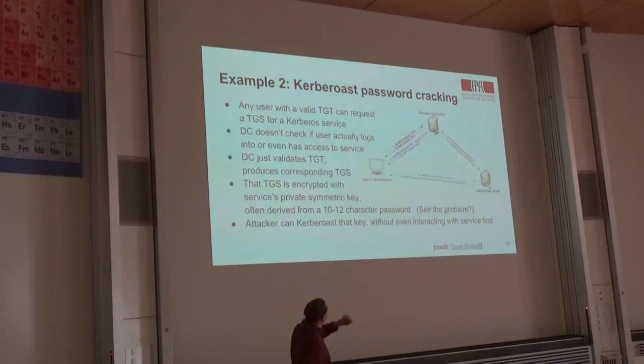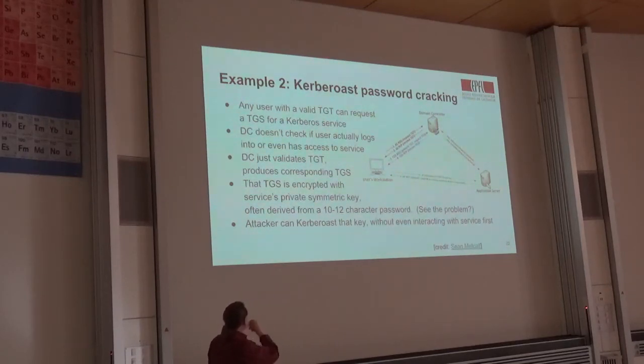So that's supposed to work fine. But what if the application server's shared secret with the domain controller is based on a weak password, right? The domain controller has provided the attacker controlling Alice's workstation with a TGS based on an HMAC based on this weak password. And these passwords are often just short 10 to 12 character passwords.